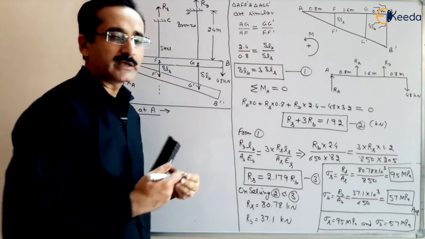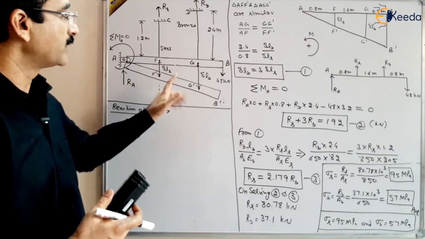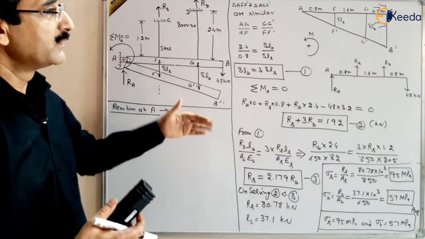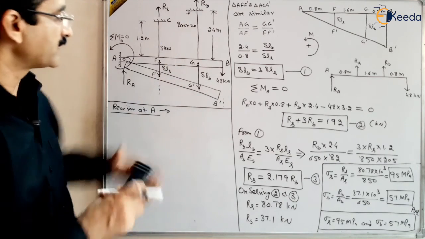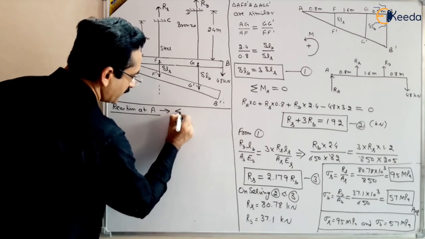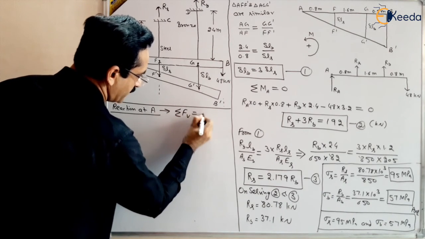If the body is in static equilibrium due to these forces, then the sum of the forces in vertical direction should be equal to 0.